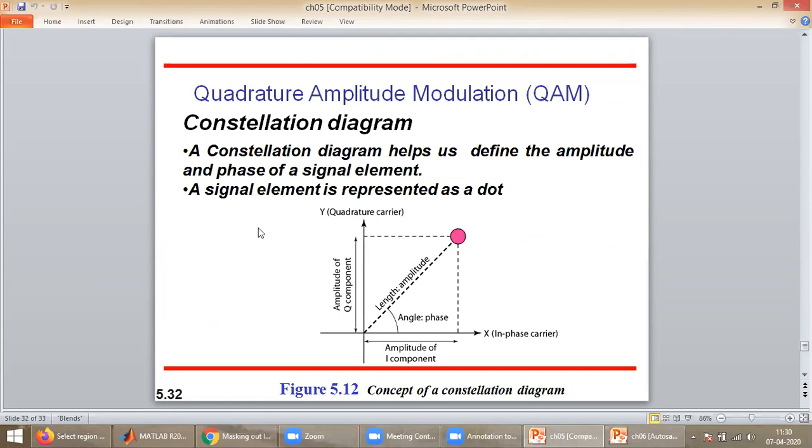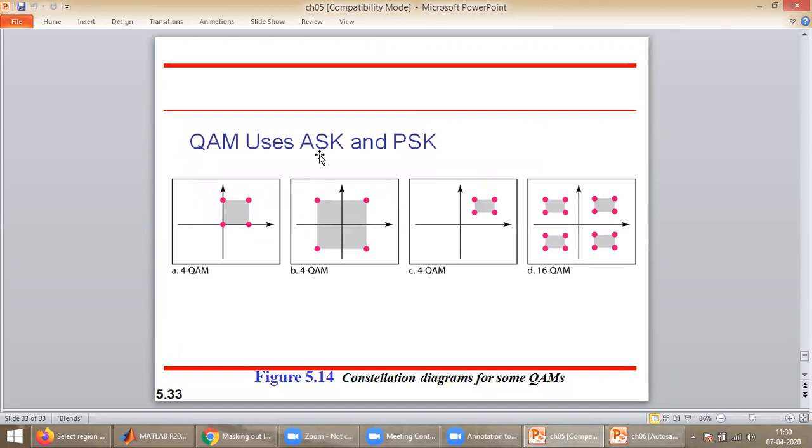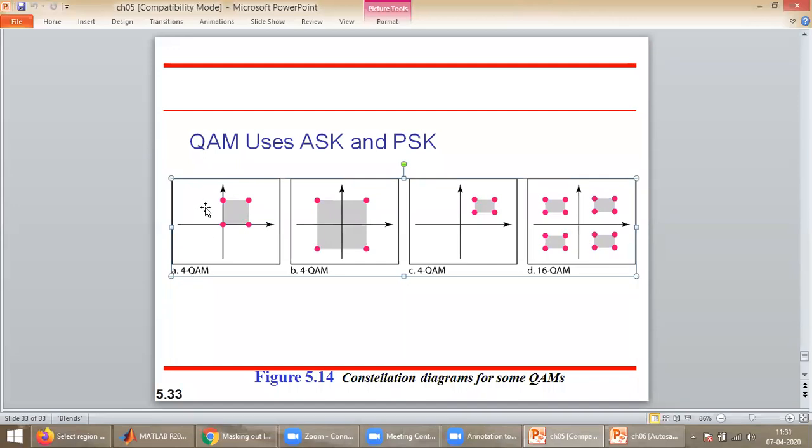Now we'll see different variations, using the amplitude shifting method and phase shifting method. Suppose I use 4 quadrature amplitude modulation, meaning 4 signal elements. Here also 4 signal elements, but in different quadrants. Here the same quadrant, here different quadrants. For the first, the phase value is 0 and the voltage is 0. Here the phase value is 0 and the voltage is 10.